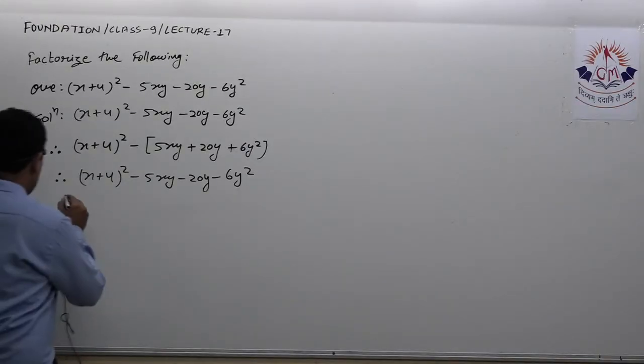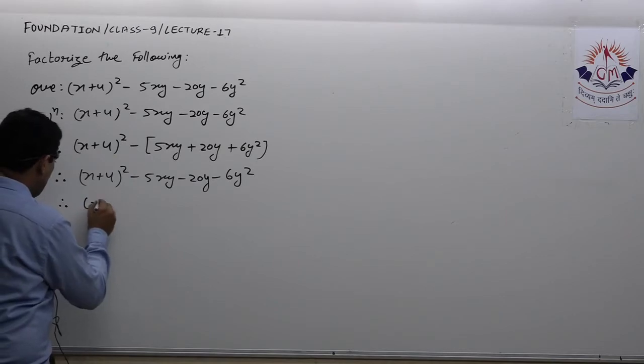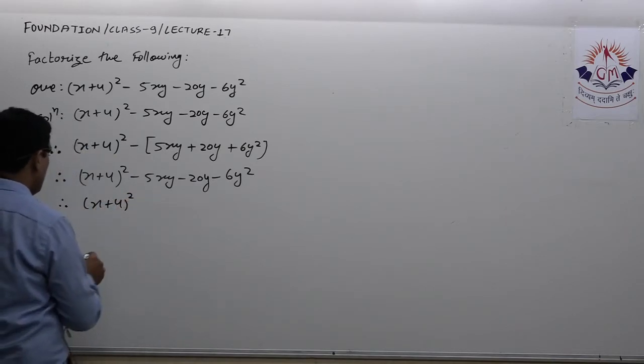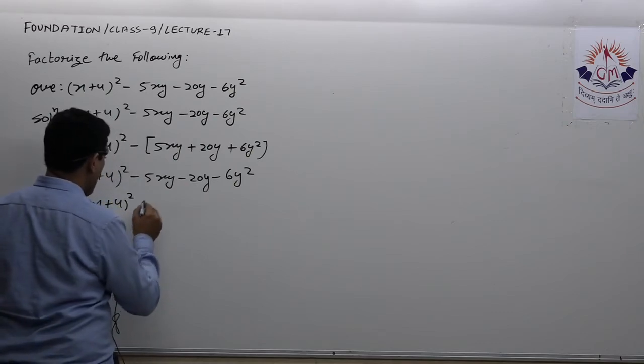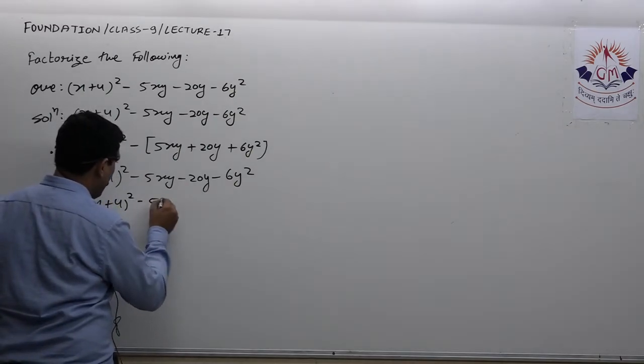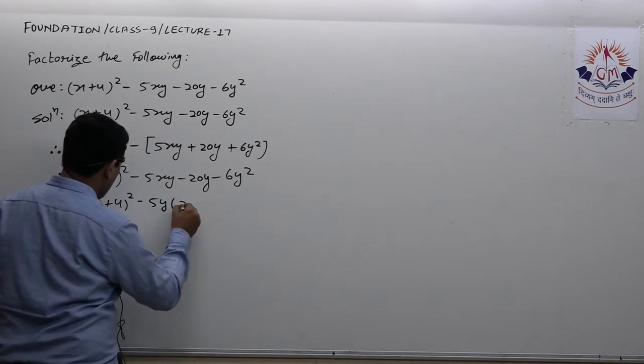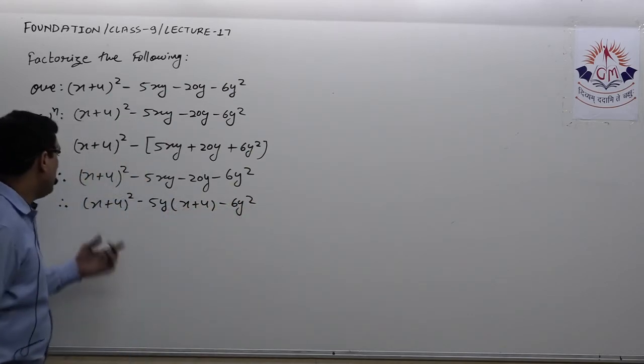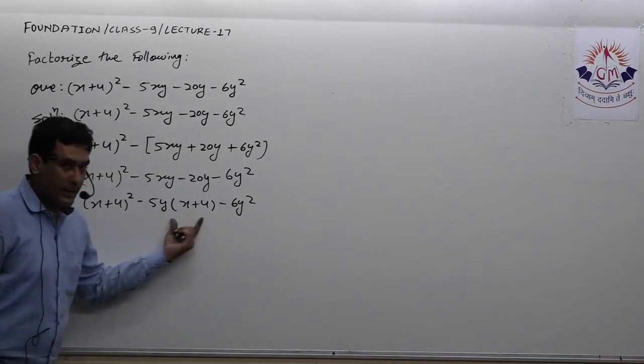See, from the next two, I can take minus 5y common, so here I will get x plus 4 minus 6y square, isn't it? Now here I have x plus 4, here again I have x plus 4.